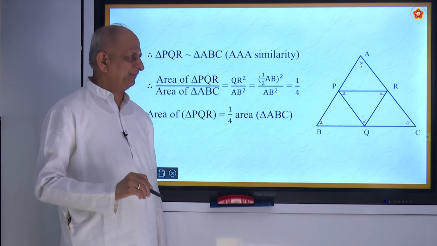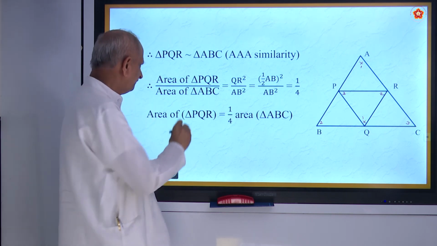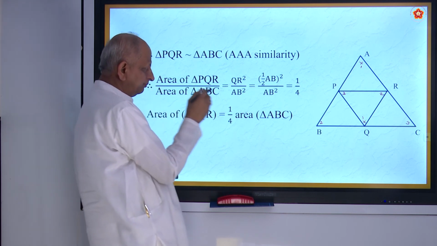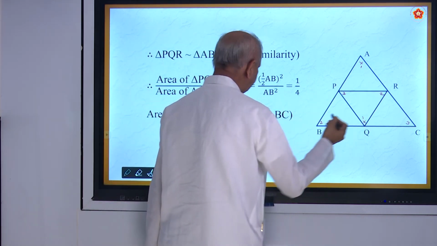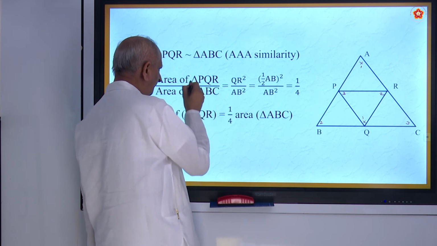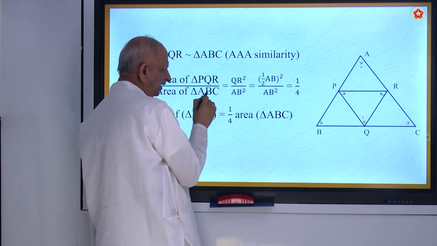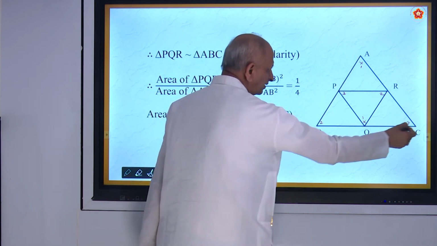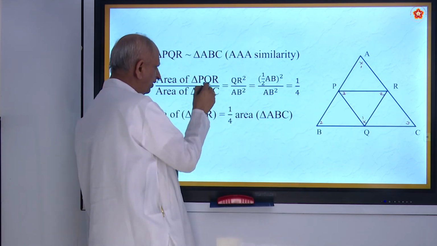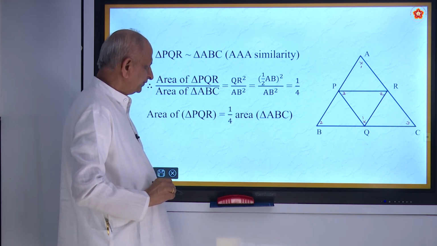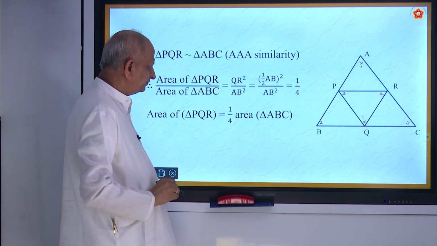If they are similar, by the theorem of areas, the small triangle inside, area of triangle PQR by area of triangle ABC, the big triangle, is equal to the ratio of corresponding sides squared. So what do you have? Corresponding side means what?